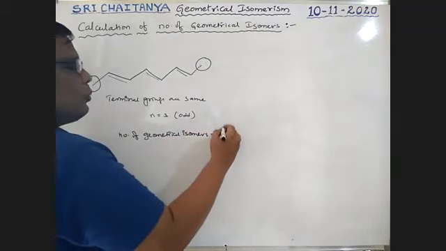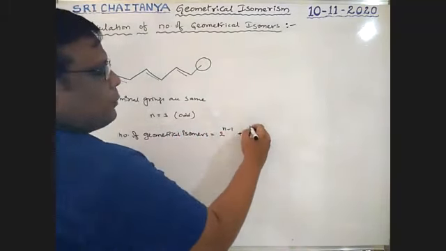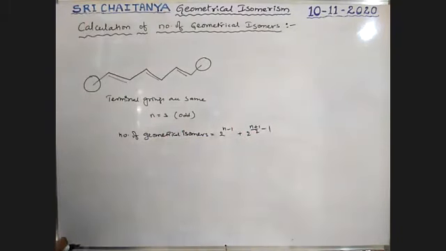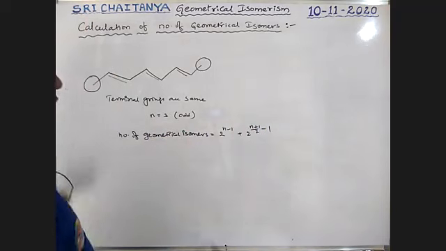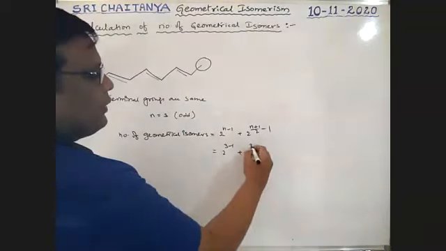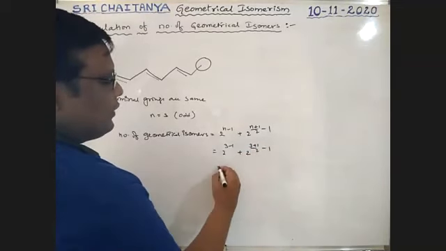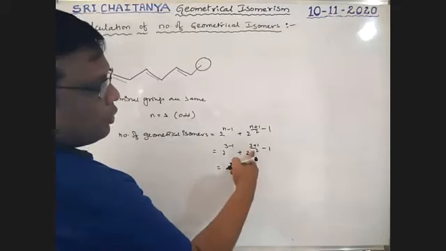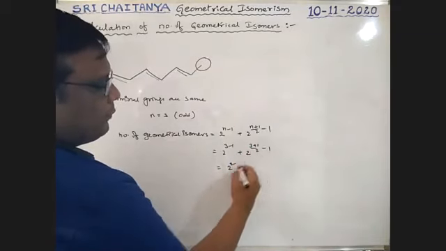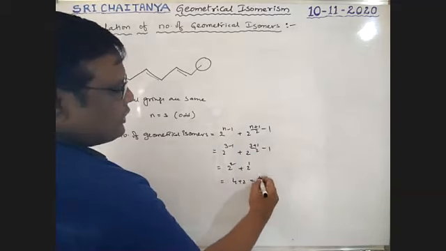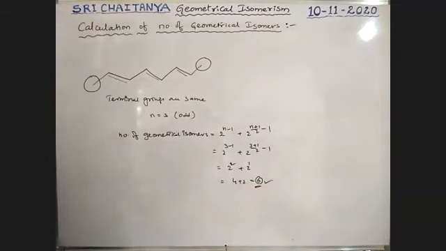It is equal to 2 power n minus 1 plus 2 power (n plus 1 by 2) minus 1. That is 2 power 3 minus 1 plus 2 power (3 plus 1 by 2) minus 1. That is 2 power 2 plus 2 power 1, which is 4 plus 2, equal to 6 is the total number of isomers.